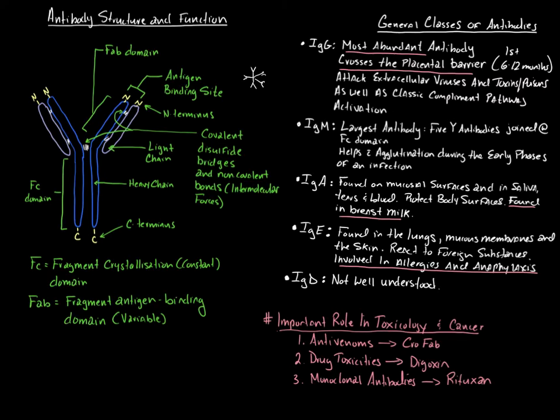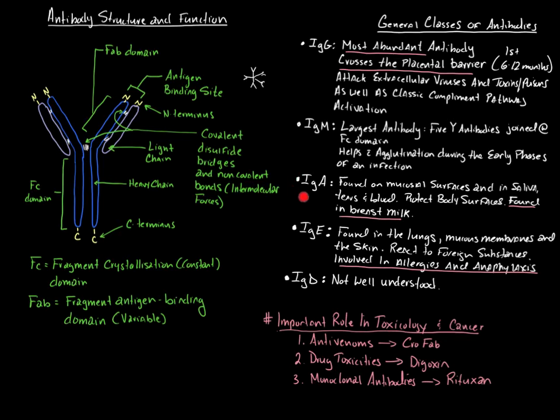They're all joined at the Fc domain, the constant domain, the fragment crystallizable, by their tails, for lack of better words. The IgM antibodies are very important when it comes to agglutination, pulling things together, and we see IgM antibodies play a very important role during the early phases of an infection.